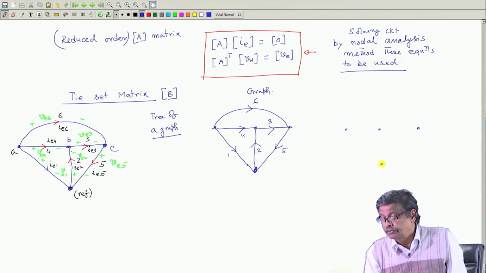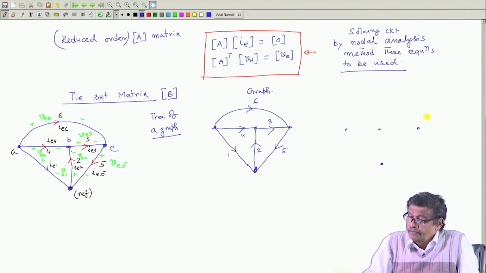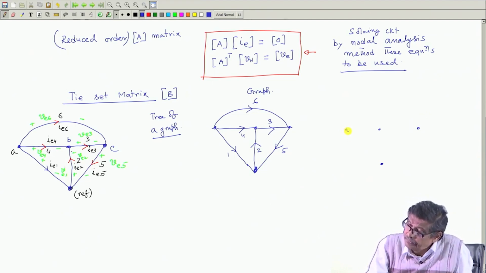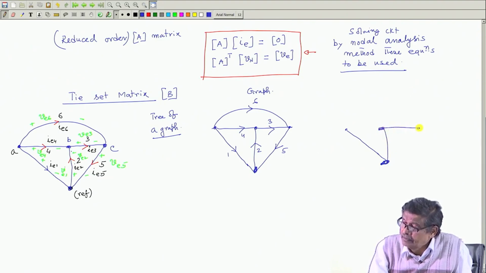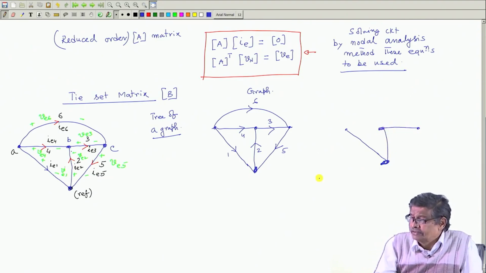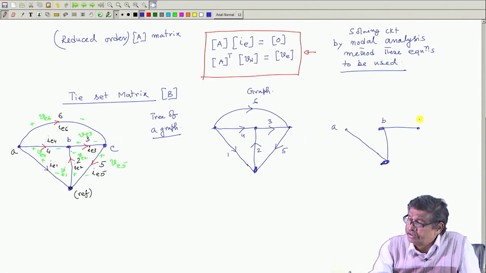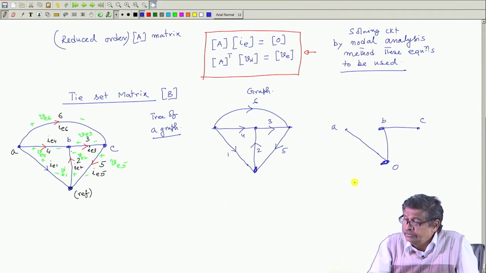First draw the nodes like this, then connect the nodes, suppose like this. So, all the branches I have not joined, same nodes are there A, B, C and this is O. Now, this will be called a tree of the graph.